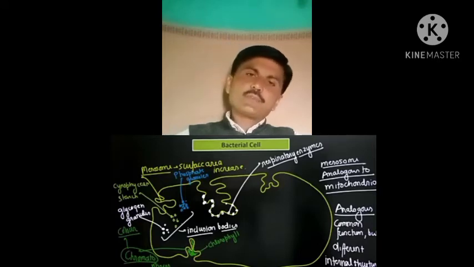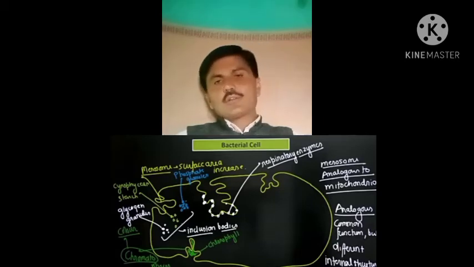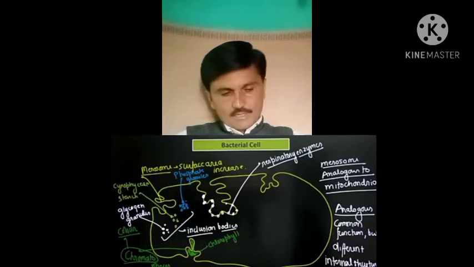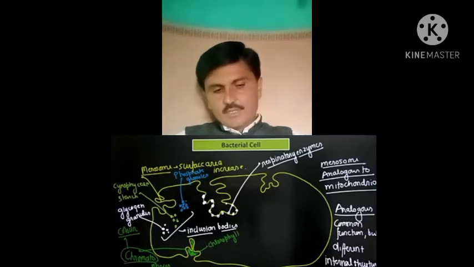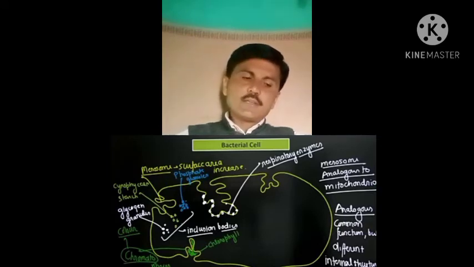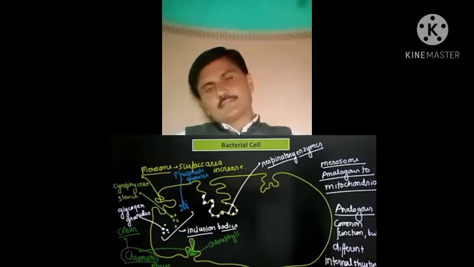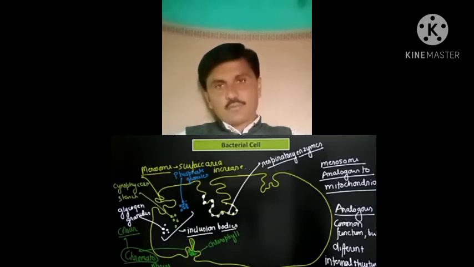These mesosomes seem to be analogous to the mitochondria. What is analogous? That is, a common function, but different structure and different origin.